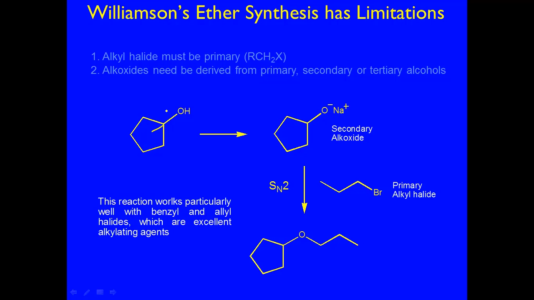Okay, because this part is responsible for a backside attack, you have to reach the substituted center, and as a result it's sterically hindered, so this reaction doesn't work. Instead of this nucleophile attacking as a nucleophile, it would act as a base and it would pick up the proton from next door, because reaching here is much easier.